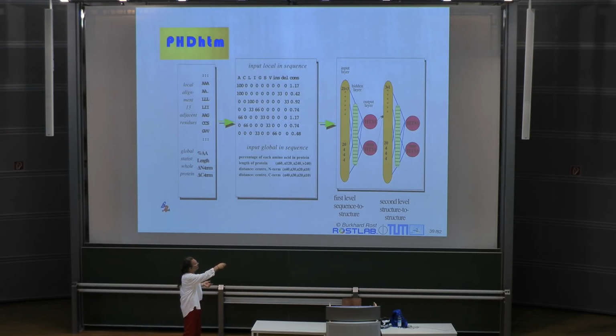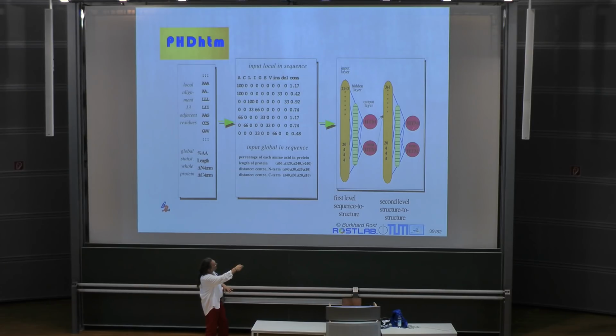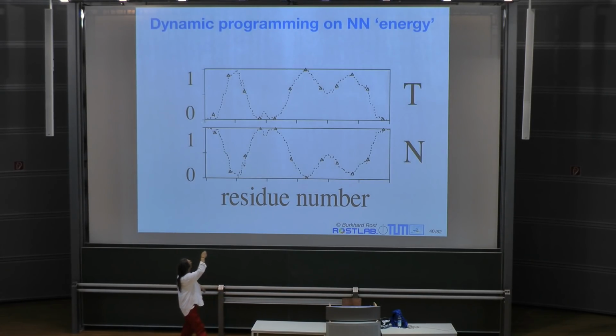And for all the 300 residues, I simply plot the output of a neural network, a device that predicts whether it's a transmembrane or not for every single residue of these 300. The value here is between 0 and 1, and that is the 0 and 1 that I show for the transmembrane helix unit and for the non-transmembrane helix unit. And the curve you see is simply the output.